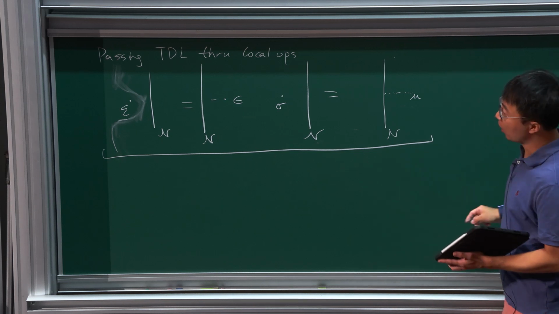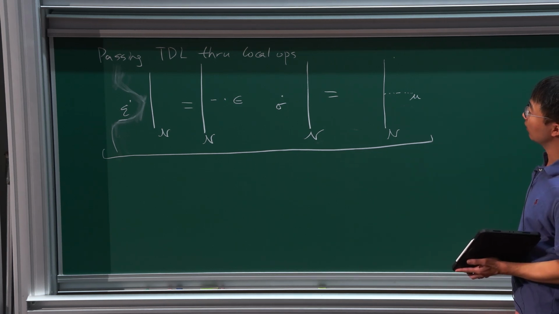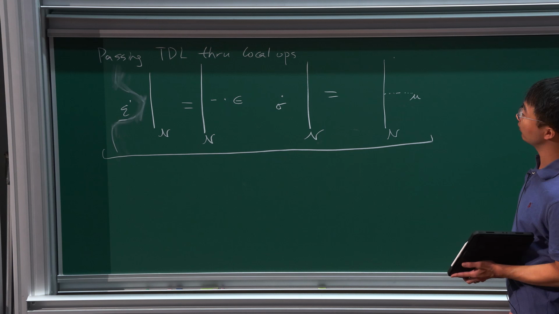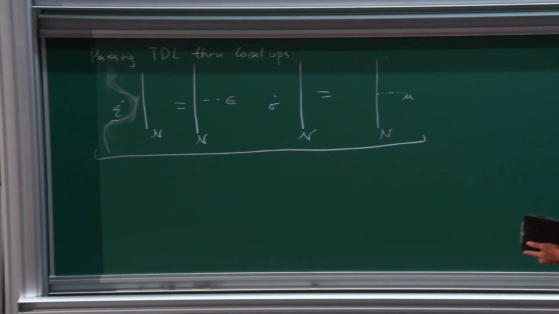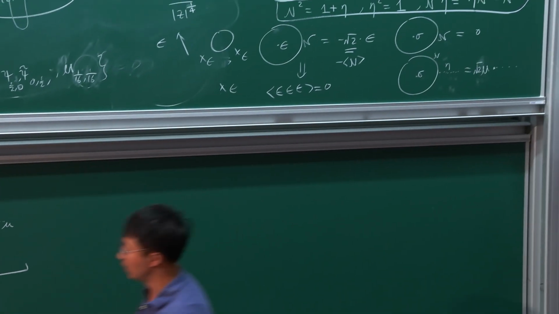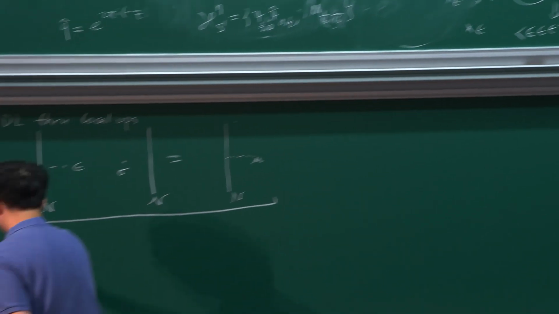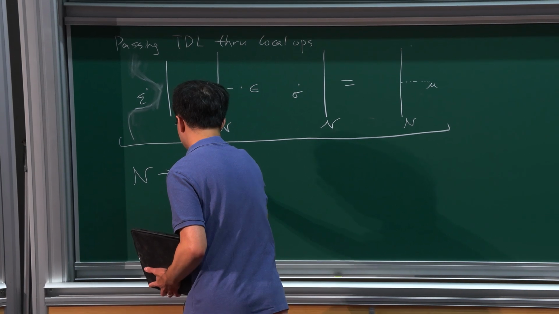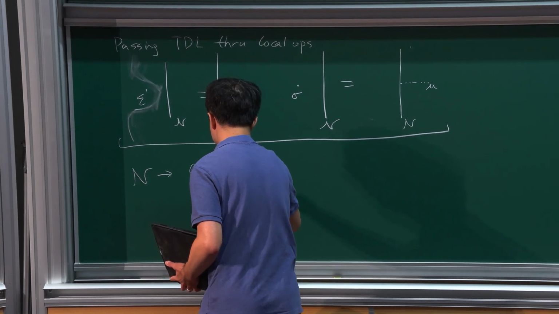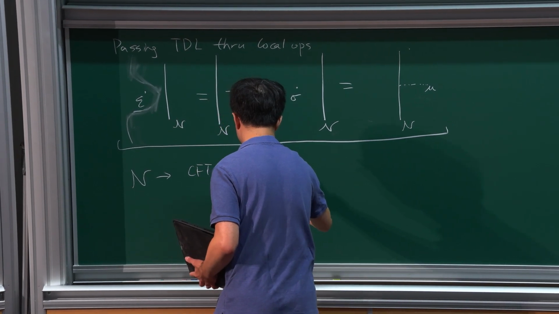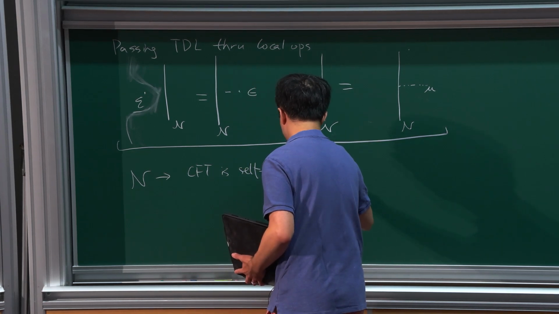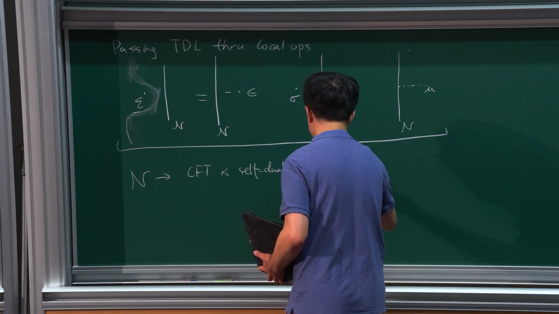All right, and in one of the homework questions, you will study one of the other consequences of having this symmetry defect. Namely, this symmetry defect implies that the CFT is self-dual under Z2 orbifold.